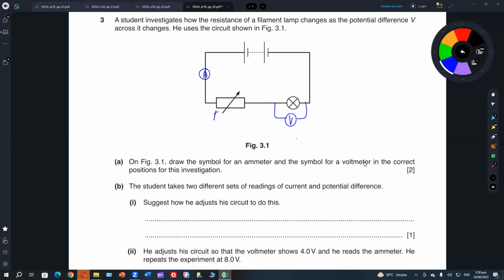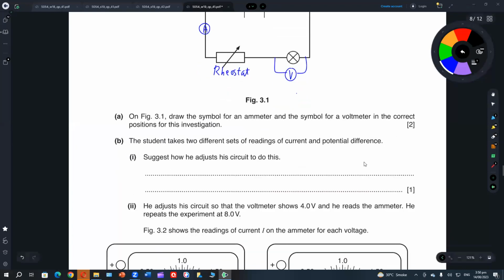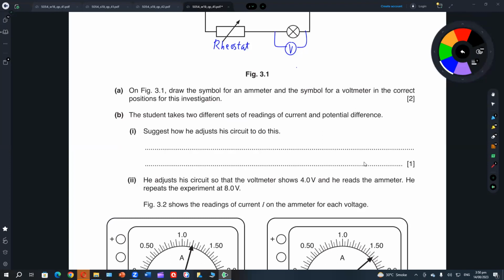He should change the position of the slider. So suggest how he adjusts his circuit to do this. So you can tell the examiner that he should move the slider so the resistance will change.